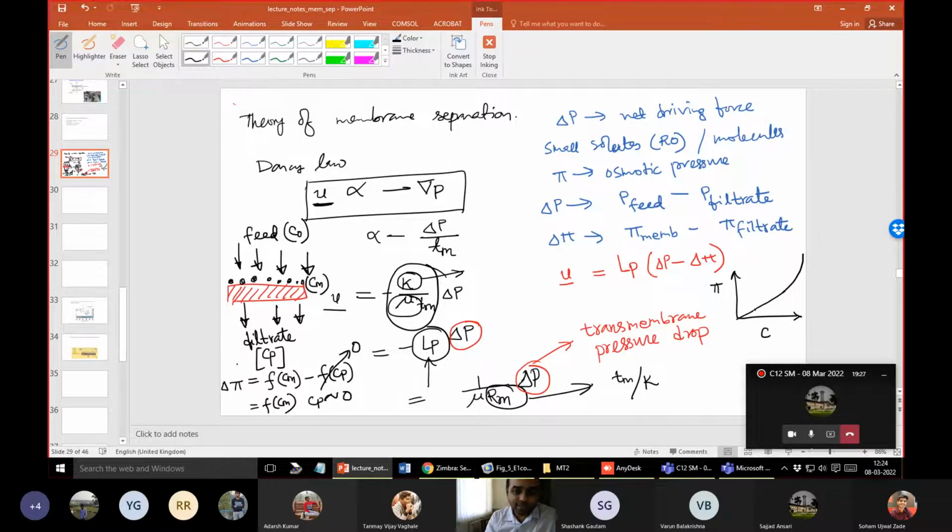But there is a significant zone of the osmotic pressure where it follows a linear trend, and this zone of linearity decreases as the molecular weight of the solute increases, and the osmotic pressure also decreases.